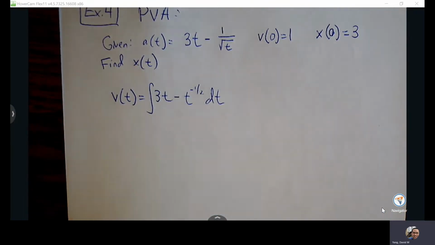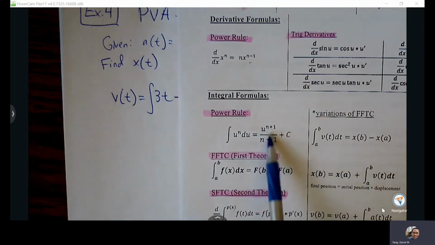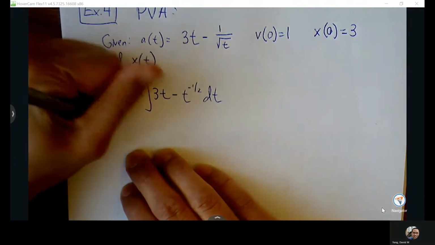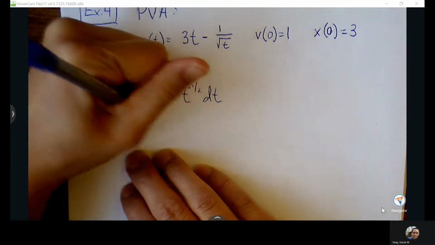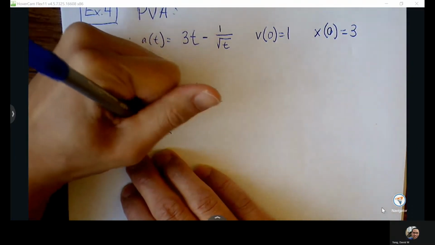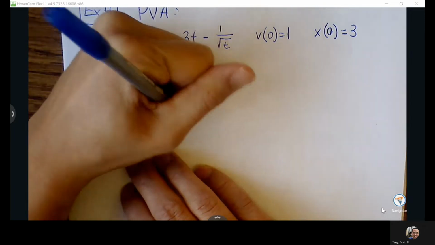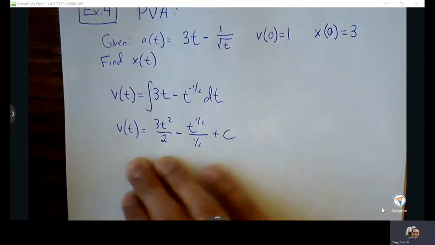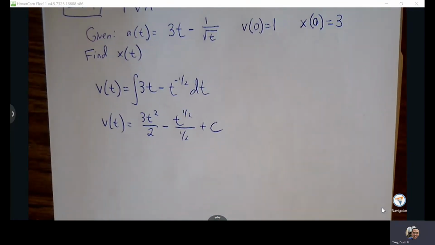Okay, so now we do antiderivative. Antiderivative is where we add 1 to the exponent and divide it by that new exponent. Plus c, right? Plus c, indefinite integral.